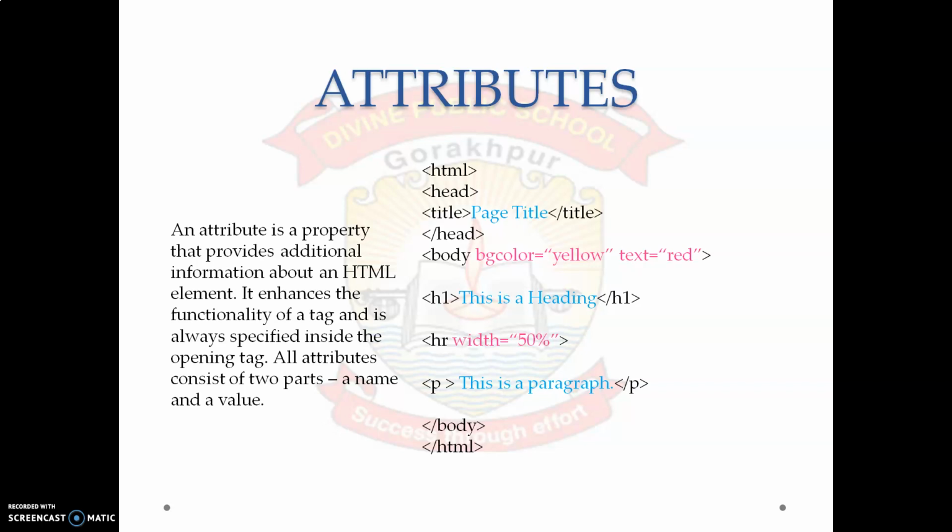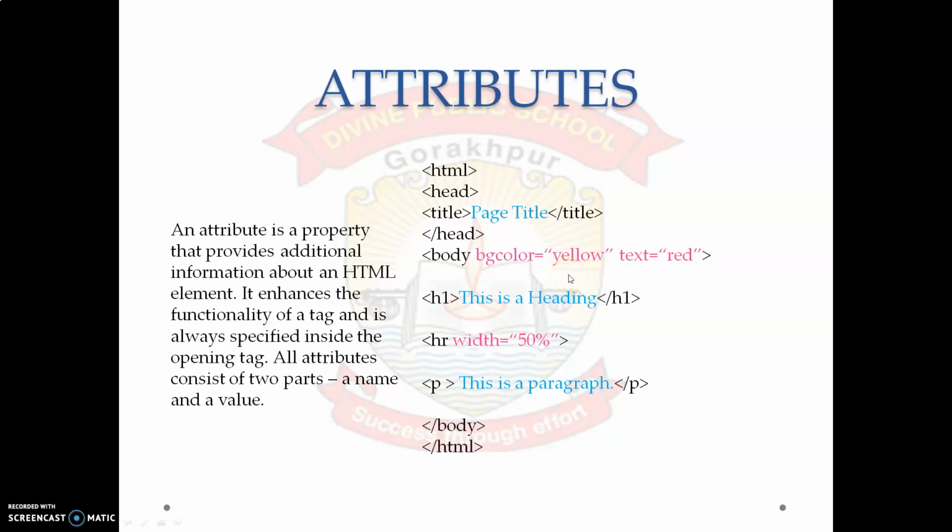In the previous example you saw that the body tag didn't have any text under the angular bracket. This one is known as the angular bracket. Here bgcolor is the name and yellow is the value. Another is text, which is the name, and red is the value.